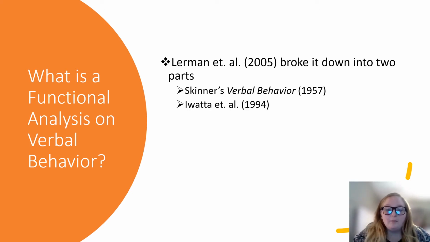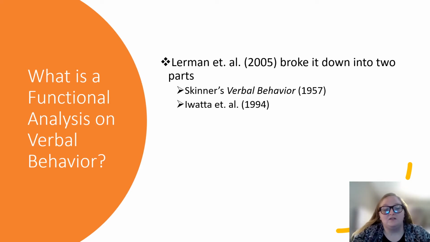And we took the format of the functional analysis of behavior from Iwata et al. in 1994 and basically took those verbal operants and placed those as the conditions within Iwata et al.'s format of an FA. So in Iwata et al.'s format, you have the control phase and then 3 phases to identify the function of behavior.